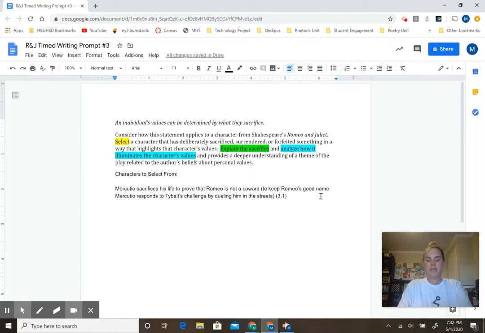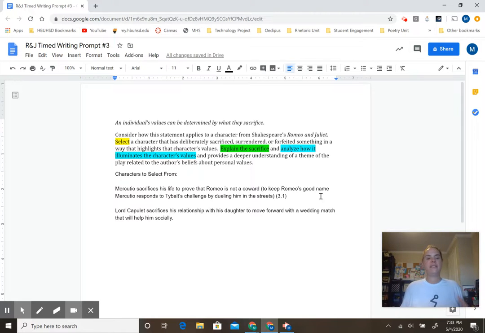Another sacrifice that is made here is, like I said, weird order, but Lord Capulet sacrifices his relationship with his daughter to move forward with a wedding match that will help him socially.